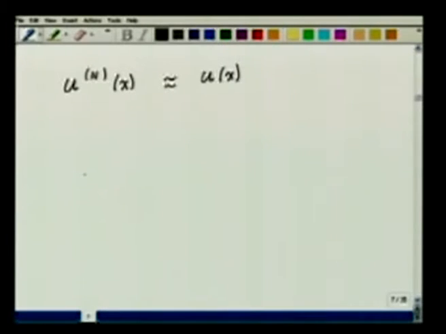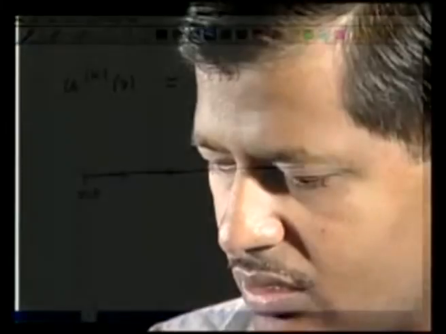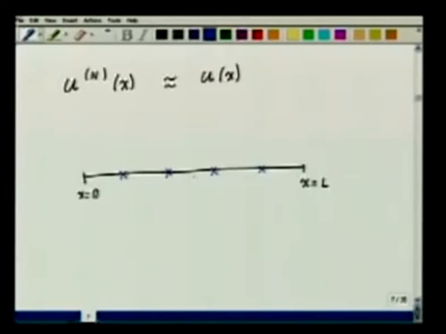What we'll do first is, let's take the domain with the point x equal to 0 as one extremity, x equal to L as another extremity. And in this domain, we are going to add additional points. Let's say we have added in this case 4 more points.